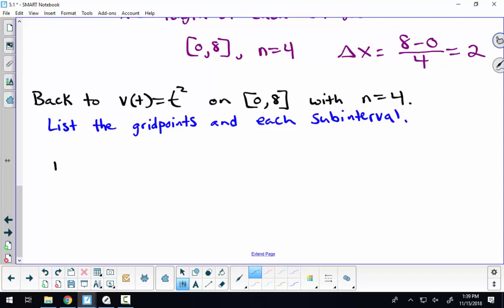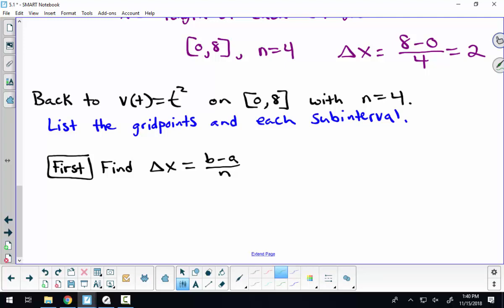All right, first, we need to find delta x, which is b minus a over n.